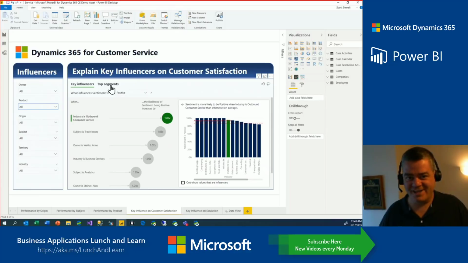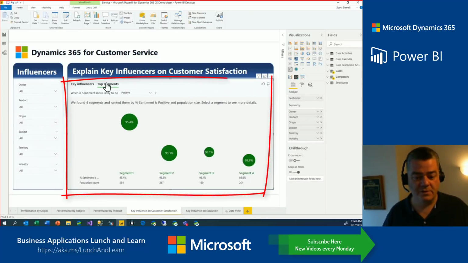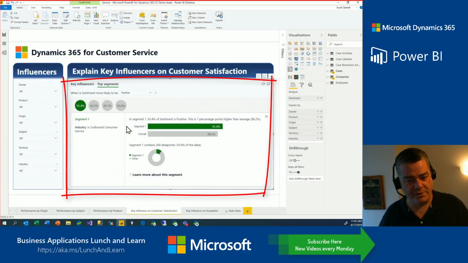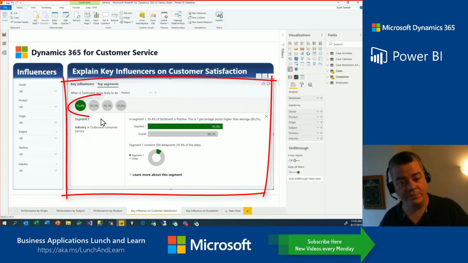But the other part of that is this interesting way of saying, let's combine factors together and explore that. For our top segments, we find that we've got a segment that has 284 records in it, 95% of those are positive outcomes. So if the industry associated with the account for the opportunity is outbound customer service, we have this really great track record for those.